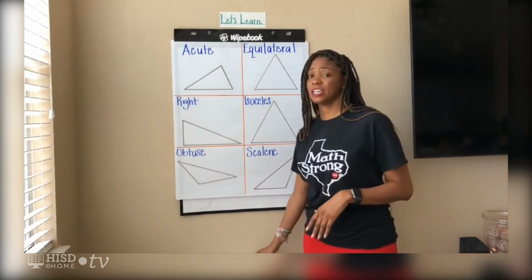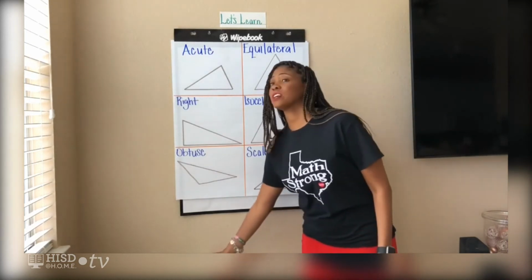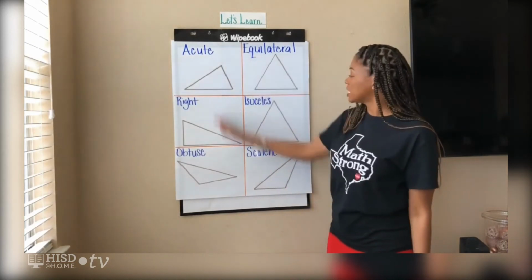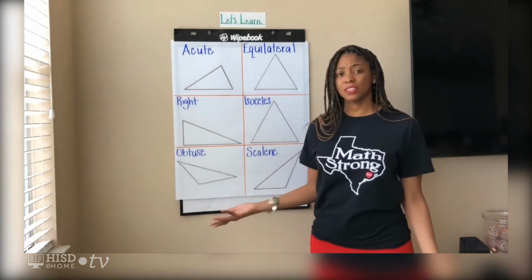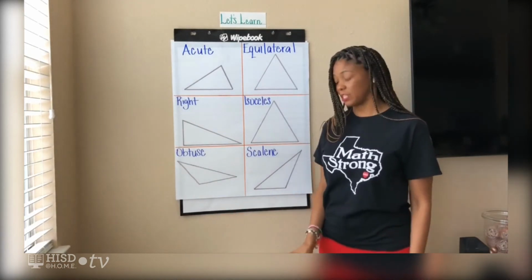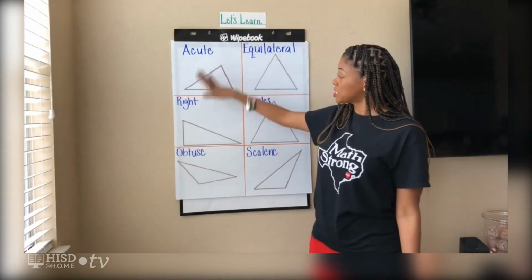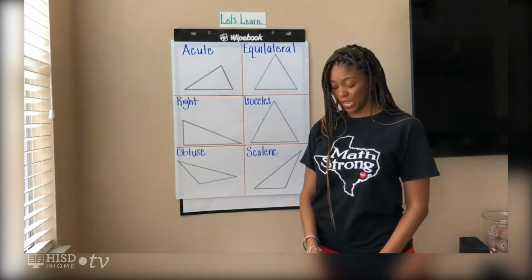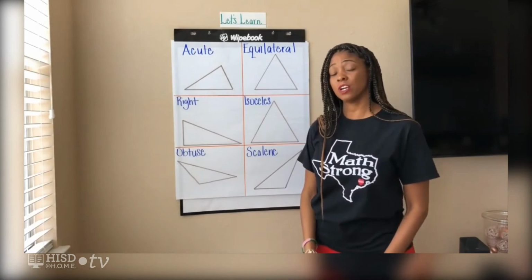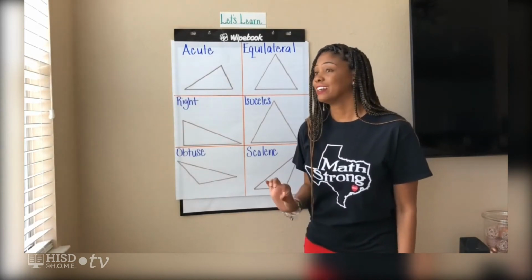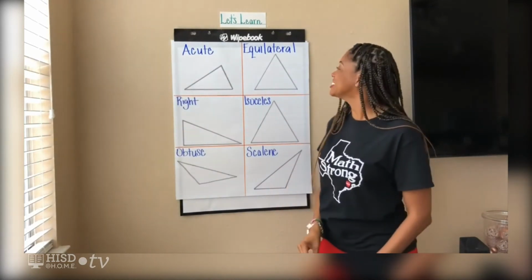So let's go ahead and talk about our angle chart. But the first thing I want us to do is talk about these 2 columns. And why did I put the names of them up the way that I did? Well, these 3, acute, right, and obtuse, we have heard those words before when we were classifying angles. Yes.